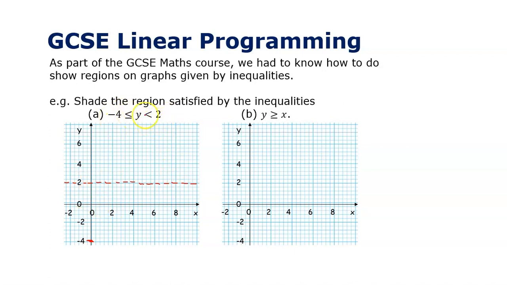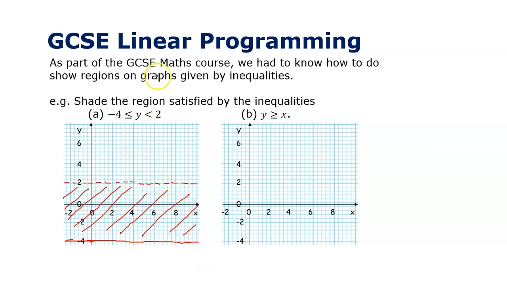And because it's not allowed to actually equal 2, I don't draw a full line, I just draw this dotted line. It's also got to be more than -4. So this time I'm actually going to draw a proper thick line, because here it is actually allowed to be equal to -4. So where's the region where y is between these two numbers? Well, this is the region. And typically at GCSE you had to shade in areas like that.